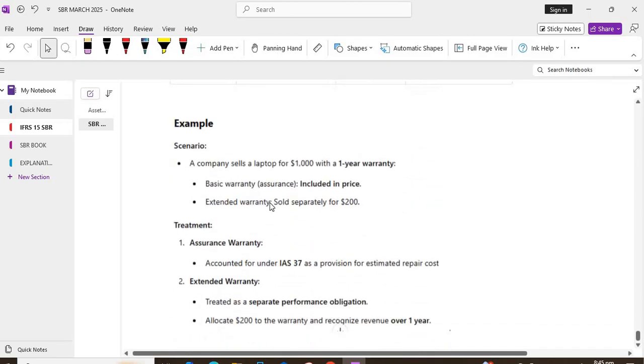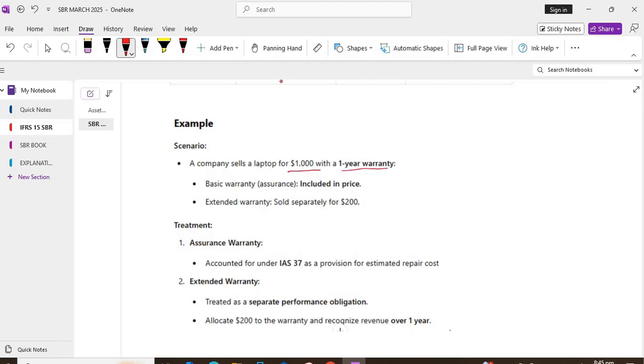Now here we have an example. A company sells a laptop for $100 with a 1 year warranty. Now the basic assurance warranty is included in the price. The extended warranty is sold separately at $200. So this means this is your distinct service.